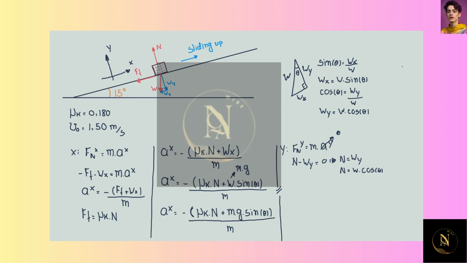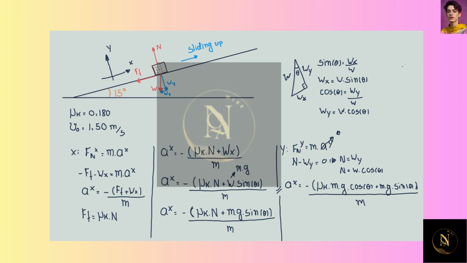Then, we can go back to the expression for the acceleration and substitute the normal force by this expression to get that the acceleration in the x direction is given by minus mu k times the weight, which is m times g, times the cosine of theta, plus mg times the sine of theta, and this whole expression is divided by the mass of the box.